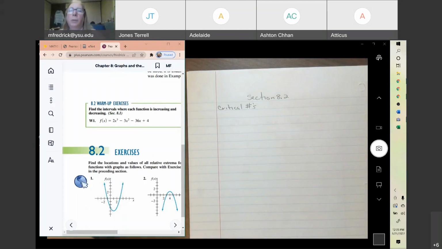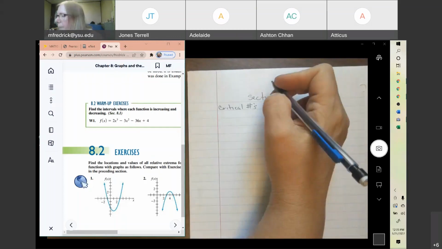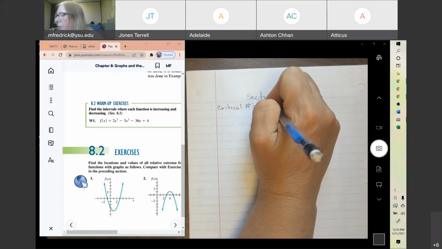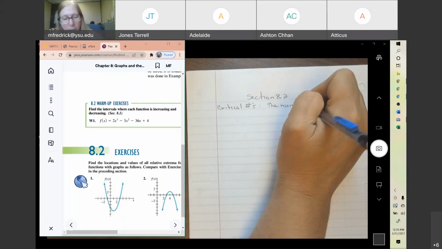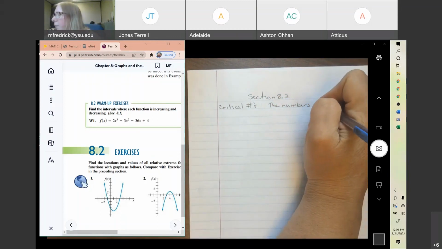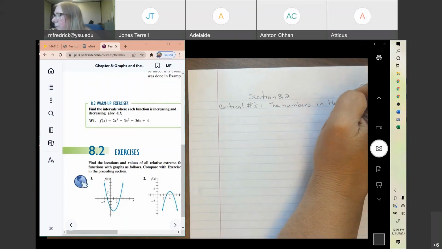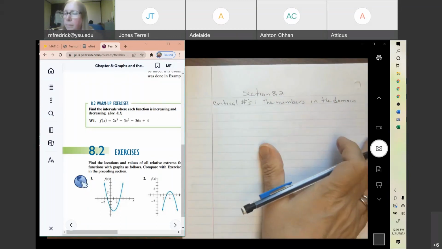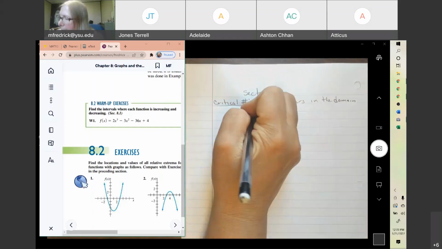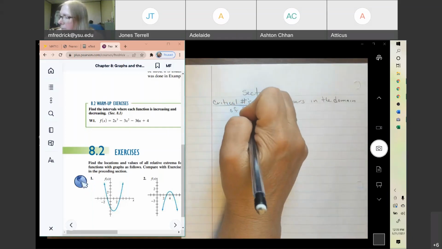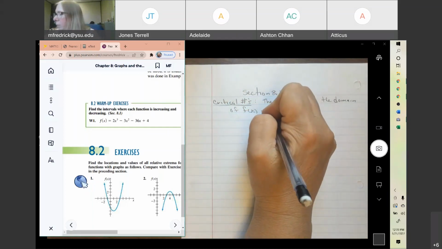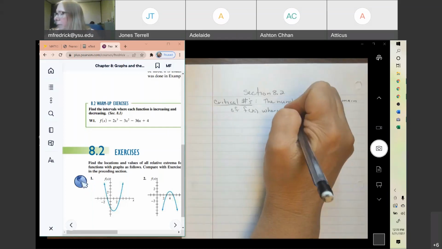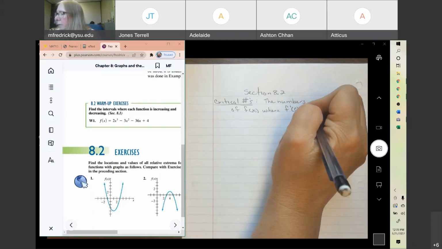Critical numbers are where there are highs and lows in your graph. They're the numbers in the domain of f of x where the derivative is 0.